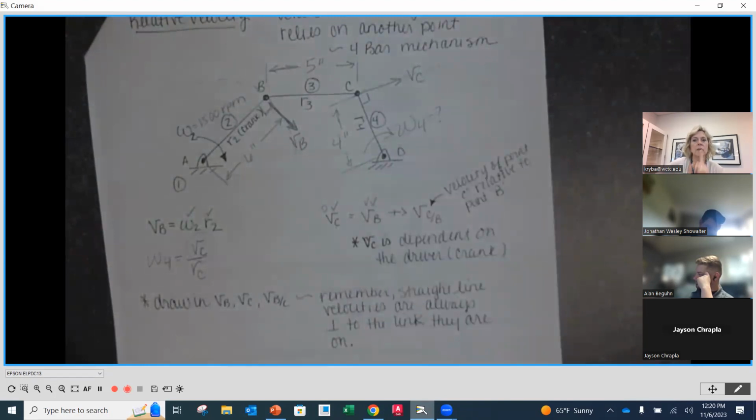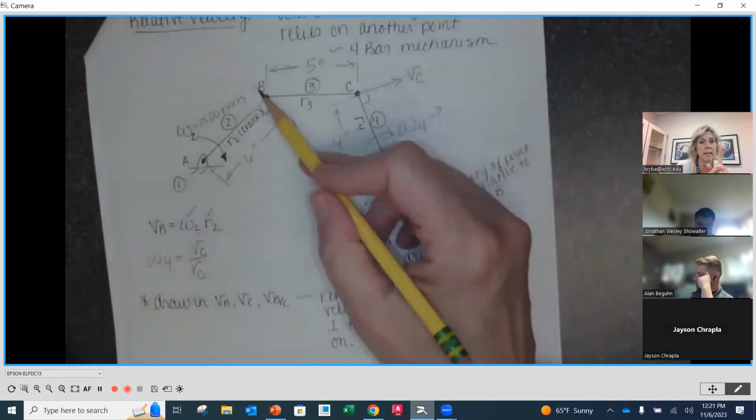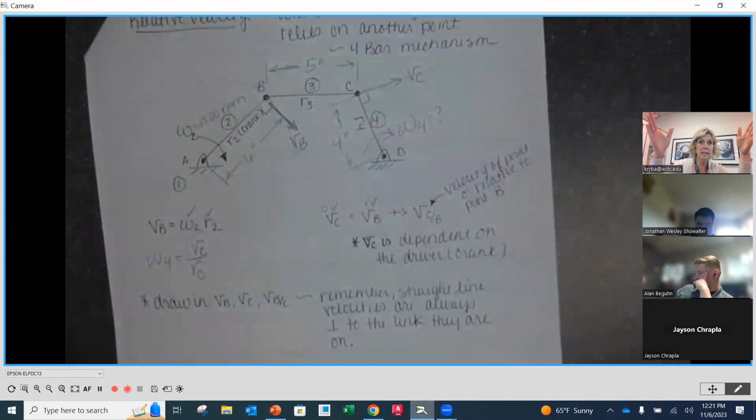Now, the velocity of point C relative to point B. The velocity of C relative to point B is the straight line velocity component of link number 3, because that's the link that connects those two. Okay, that's the link that's between those 2 points.